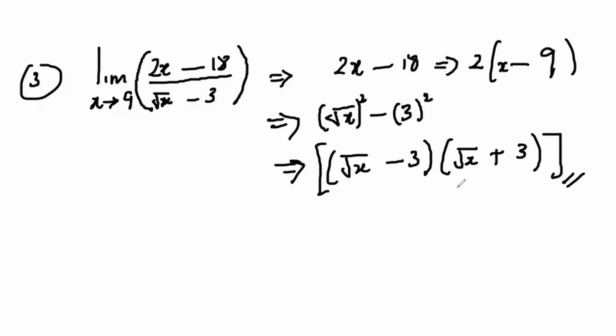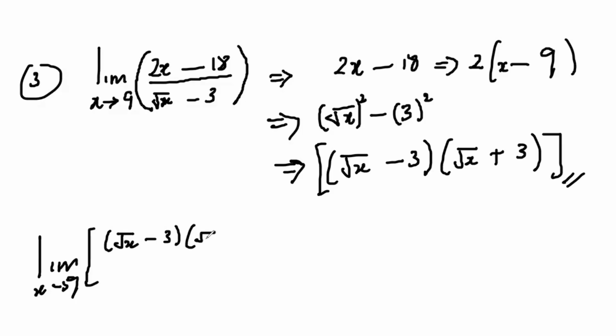So I now fix this difference of 2 squares in the expression at the top. So it becomes the limit as x approaches 9 of the root of x minus 3, close bracket, and the root of x plus 3, close bracket, all divided by the root of x minus 3.